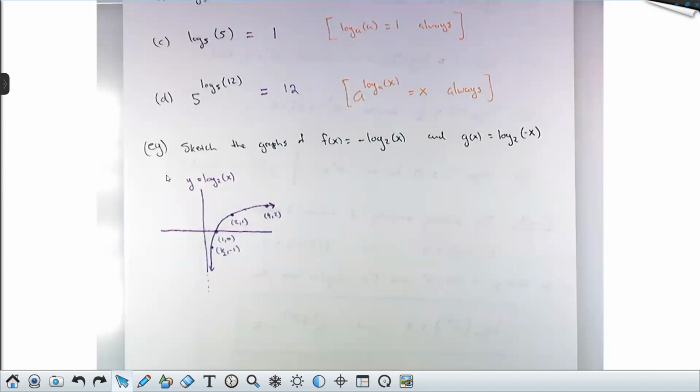I want to use this parent function to sketch these two as transformations. Let's start with the graph of f. What transformation do I need to apply to the purple graph here to get the graph of negative log 2x?